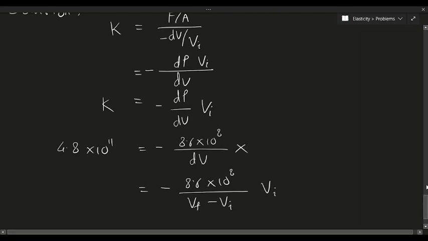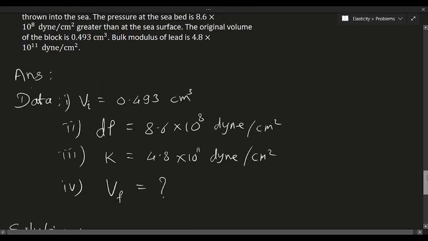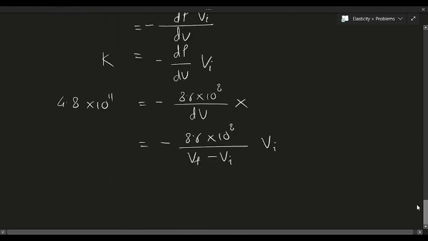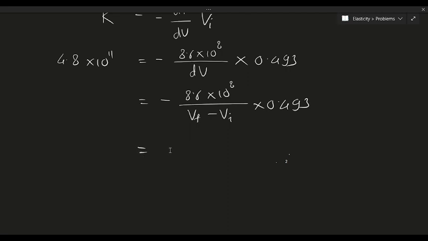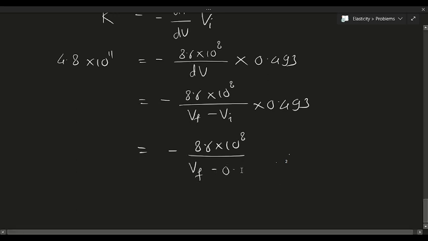Here the original volume is 0.493. So we have 0.493 original volume minus 8.6 into 10 raised to 8 divided by Vf minus, here also we write 0.493 for the original volume.